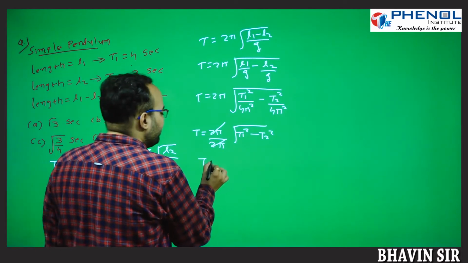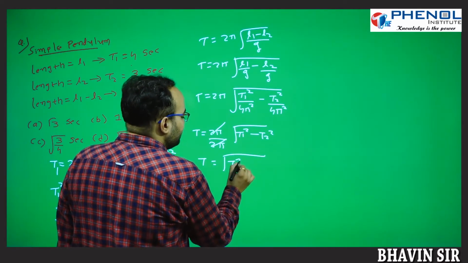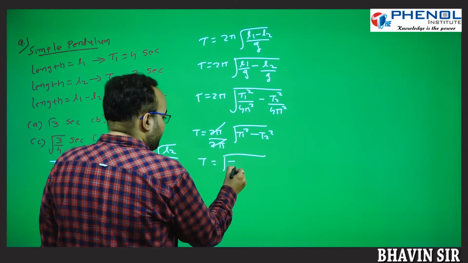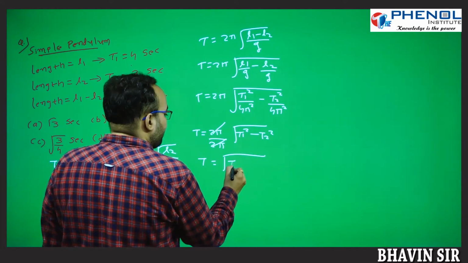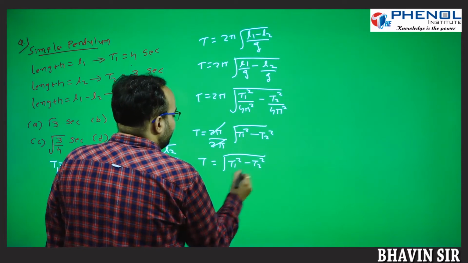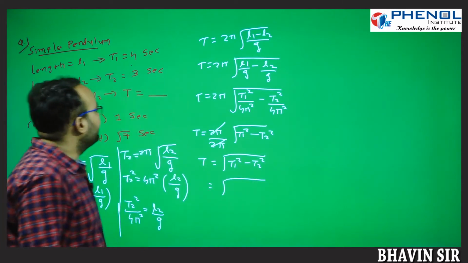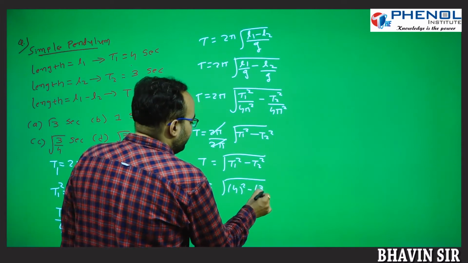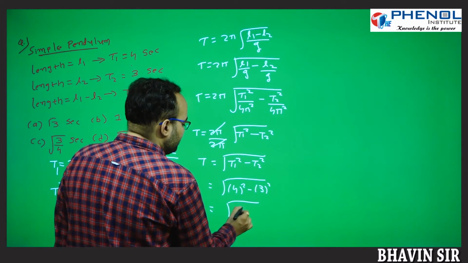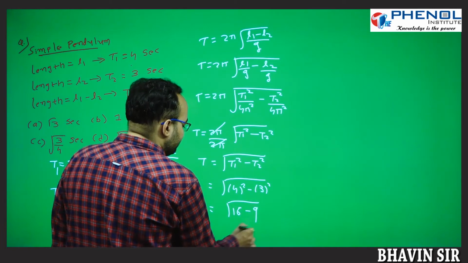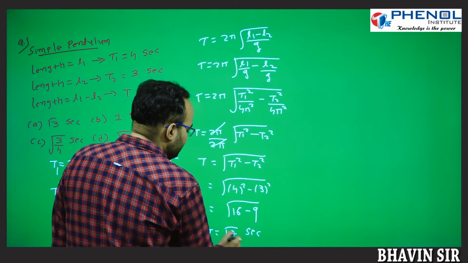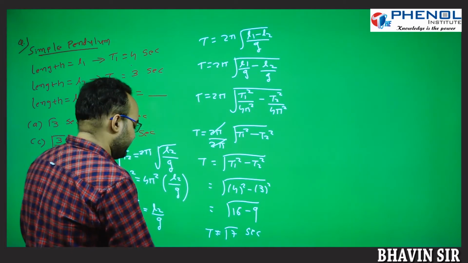So the time period is root of T1 square minus T2 square. T1 is 4 seconds, T2 is 3 seconds, so 16 minus 9. So what is the answer, students? Root 7 second.